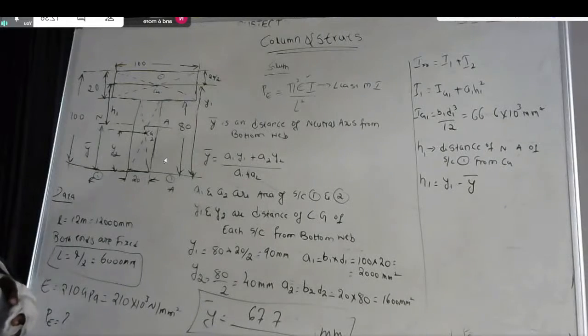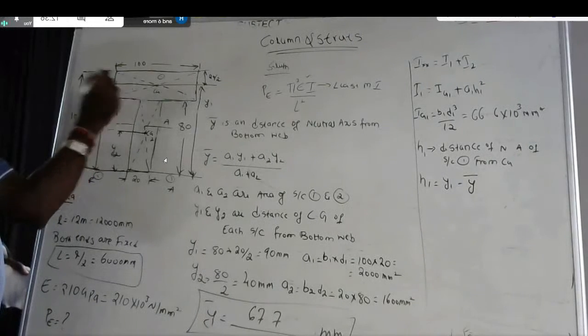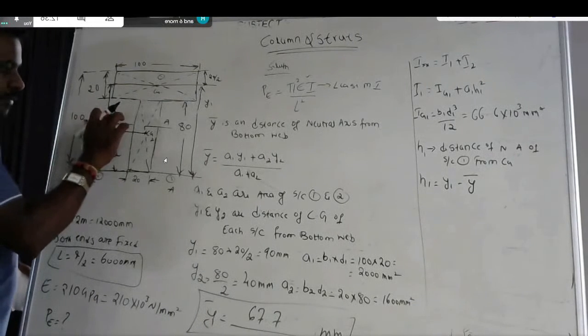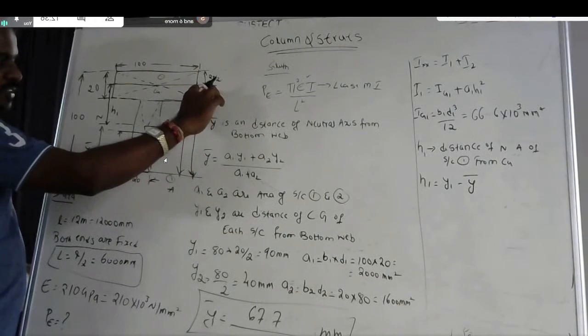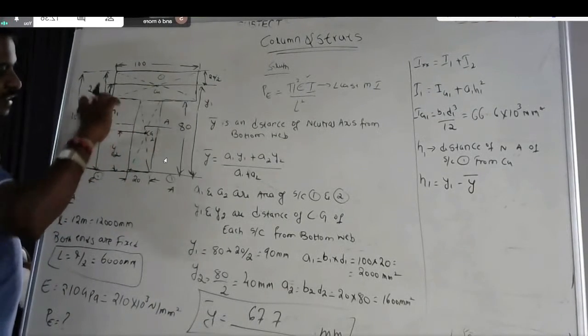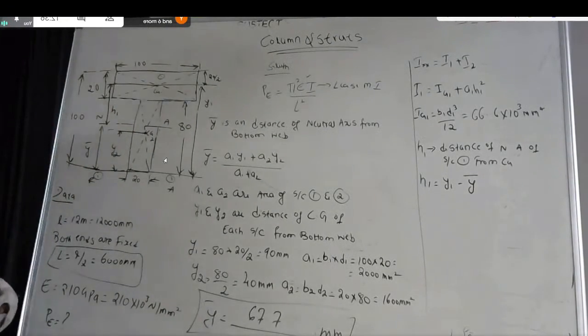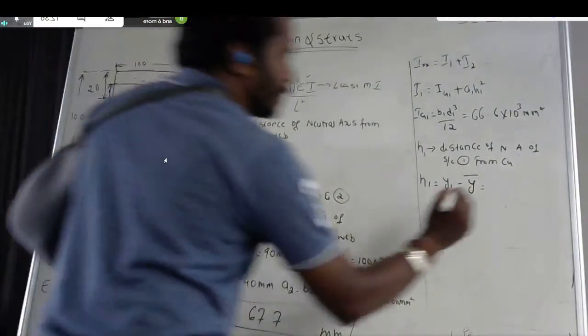Please observe the figure carefully, then only you will be able to understand. H1 means the distance from the neutral axis to CG1. I already know Y1, from the bottom up to the CG. From Y1, if you minus this Y bar, then the remaining is H1. Y1 I know already is 90.